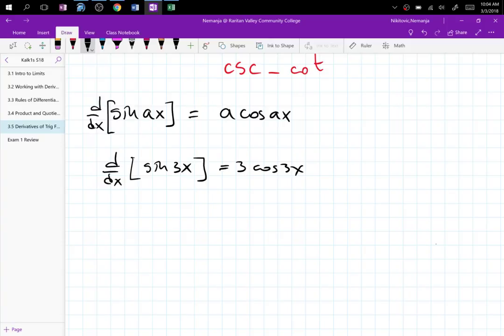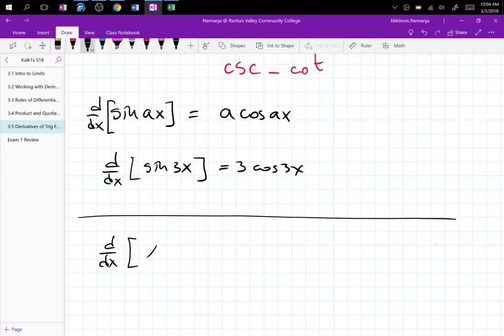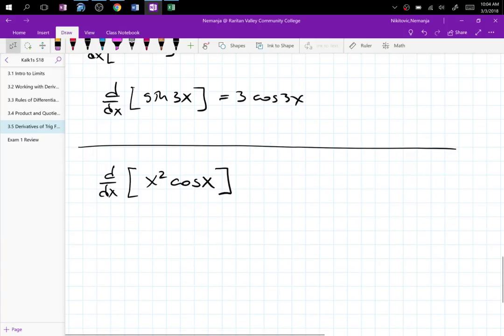And then the second subtlety that we have to address is the products and quotients and all that stuff. So what is the derivative of x squared cosine x? That's something that we absolutely have to answer. So this is what? Product rule, good.